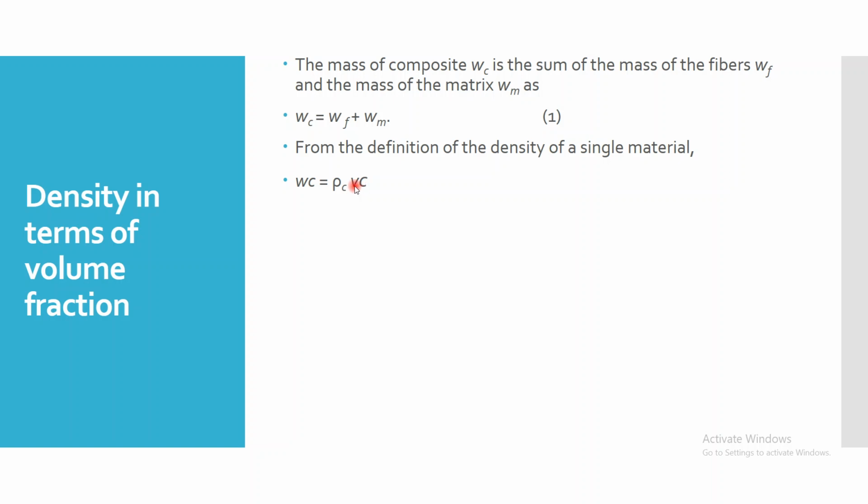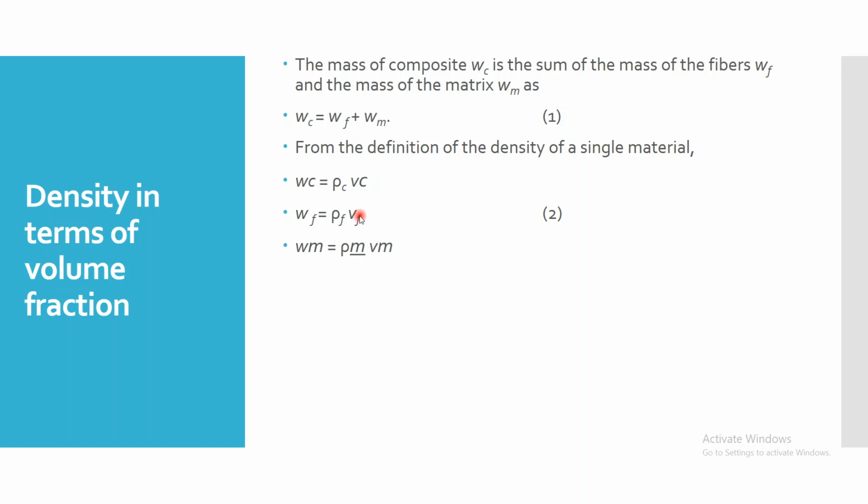In the same way, that is true for the fibers also. That is, WF is equal to rho F into VF, and similarly, WM is equal to rho M into VM. Let's call these three relations equation number 2.